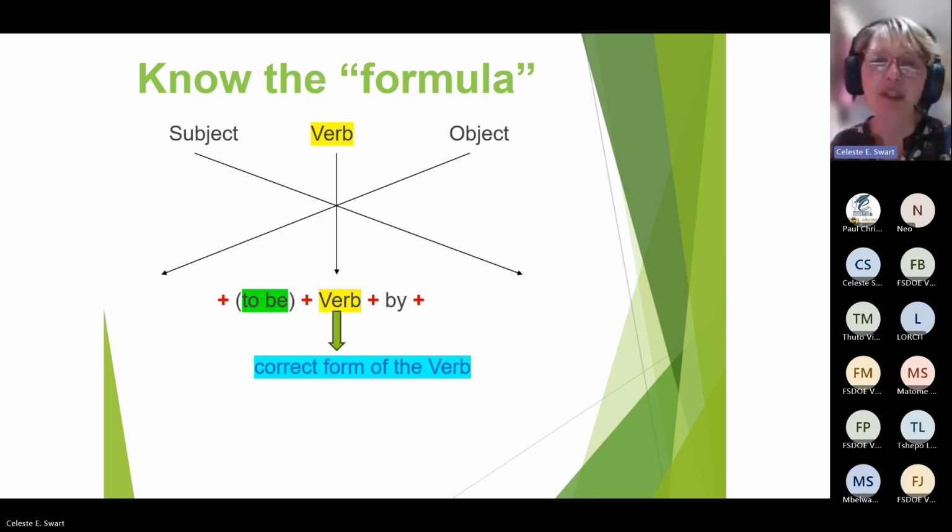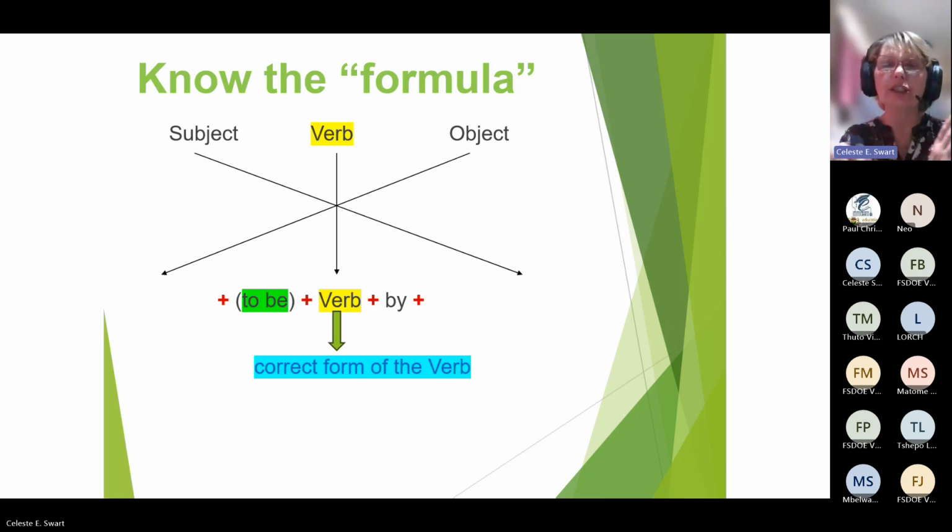Now, we've said before that you need to know the so-called formula. It's not really a formula, but it will assist you, because what happens here, you have your subject, your verb, and your object, and that makes up a sentence. And now we're going to say the same thing, but slightly differently, but the meaning will remain the same.